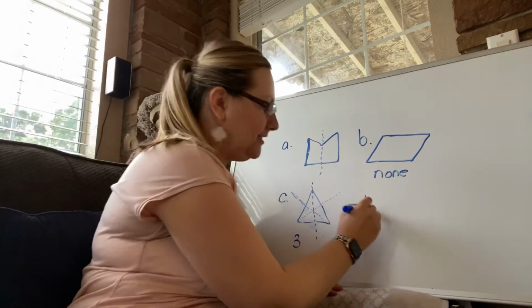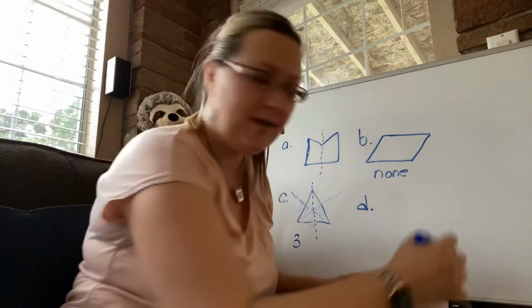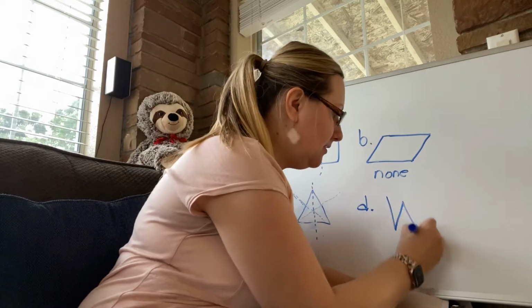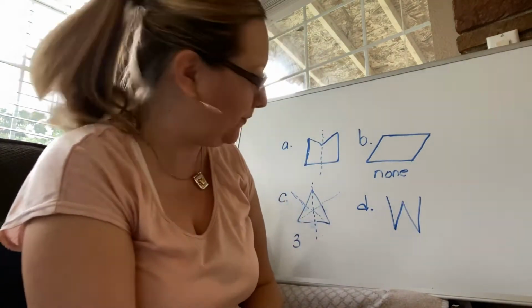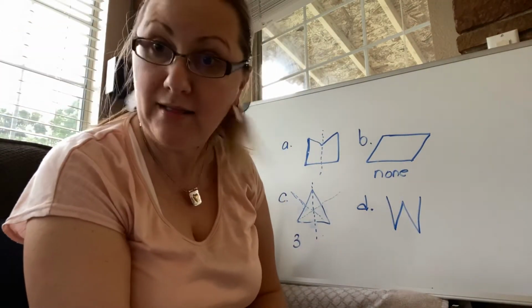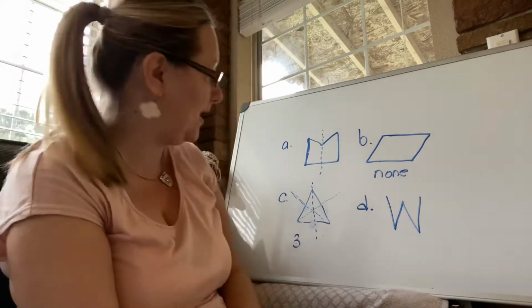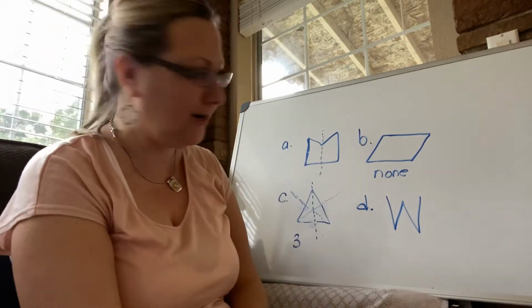Let's go to the letter D. Letter D, we have a capital W, the shape. It's not a polygon, right? It's not a closed shape like the other 3 were.